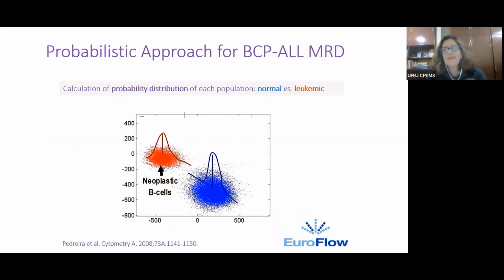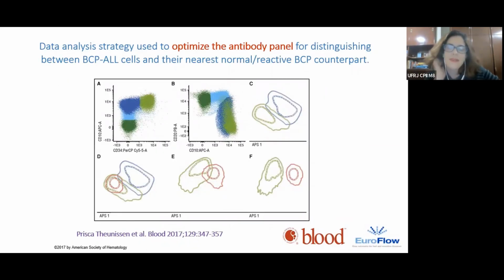Here we have disease against normal, but our normal in BCP, in B-cell precursors, is a pathway. It's not an isolated cell population.